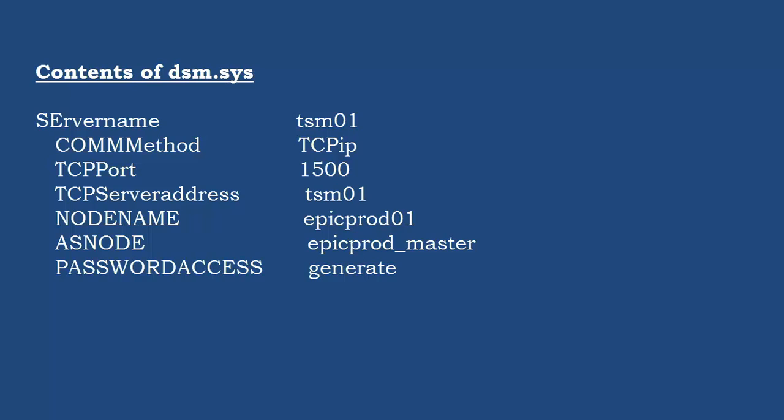The contents of the dsm.sys file will be identical as well for the production and the backup server. The only difference there will be the node name. The as node name will be identical.